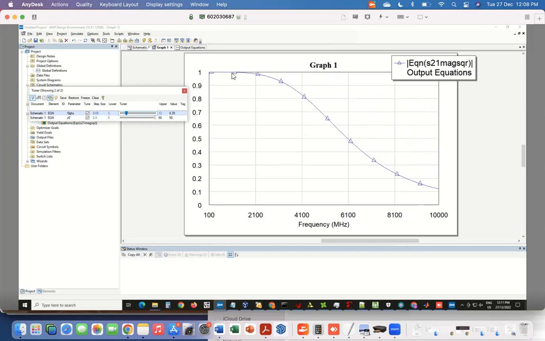So now you see the curve starts to look the way we were seeing it before. It has this flattish response and then it falls up to 0.5.